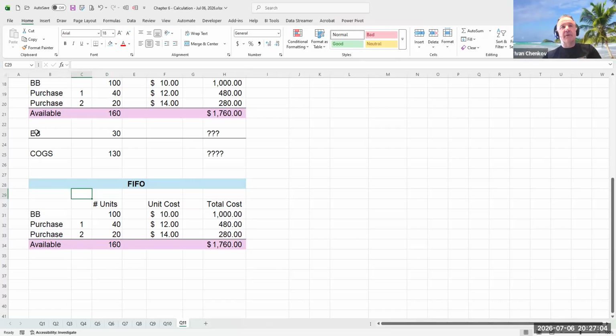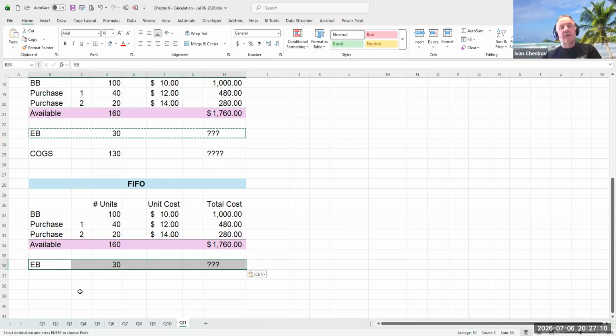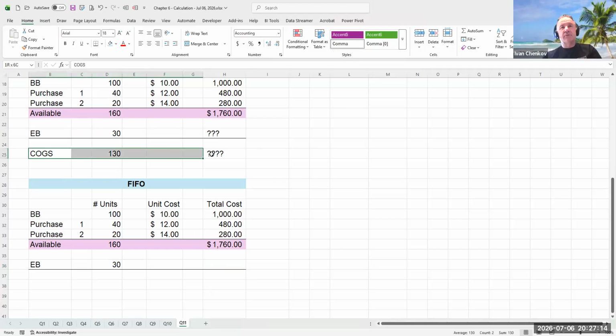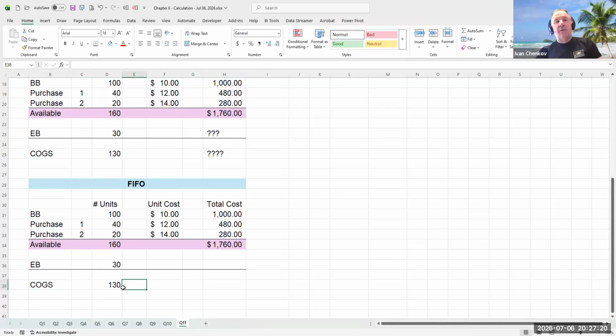Since I know the available and since I know the ending balance, actually, I also know how much I sold. We have to find the cost of those 30 units. That's all we have to do.